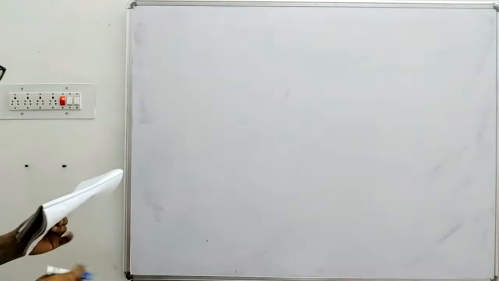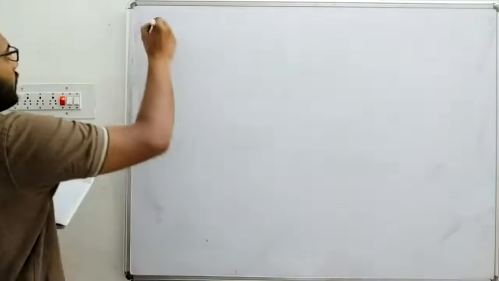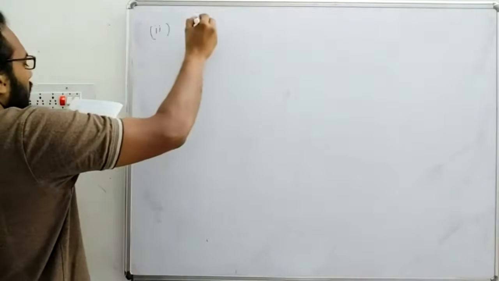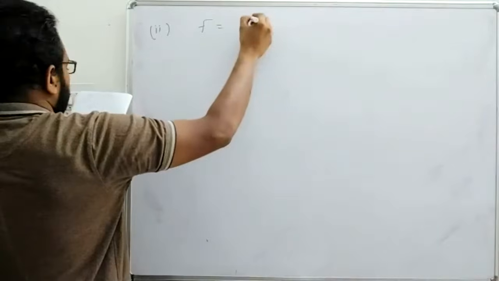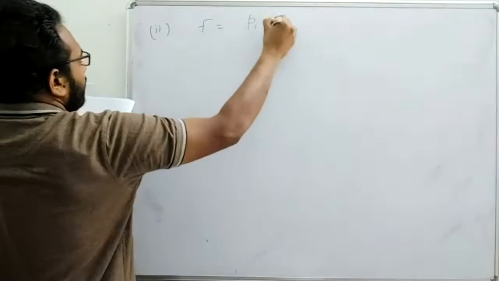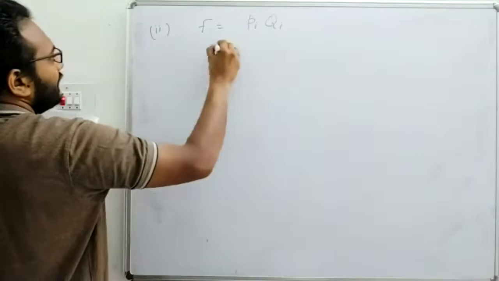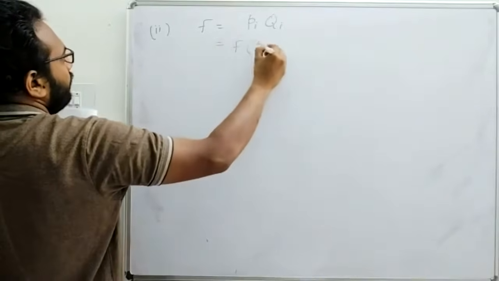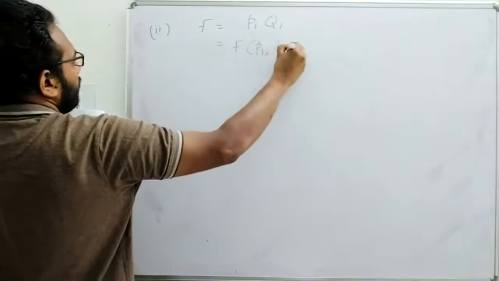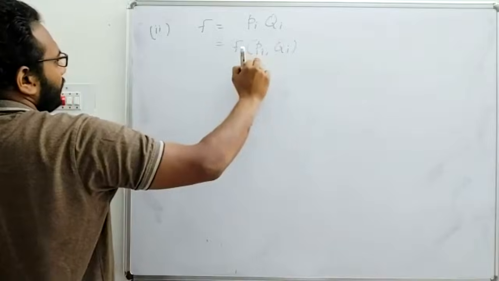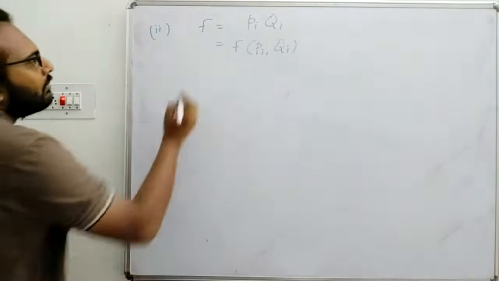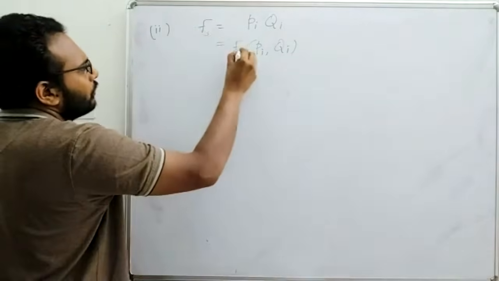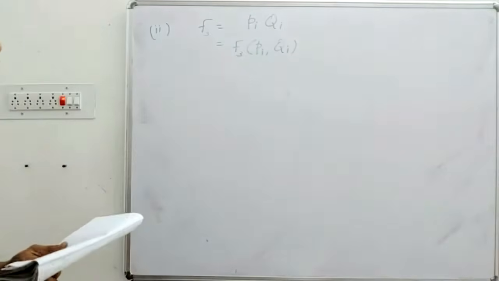Let's look at an example for type 3. Let's say F is given by Pi Qi. You see that this is a function of Pi Qi. You write the old one first and the new one second. So this is actually F3, but even without knowing it's F3, you know how to write the transformation equations, right?